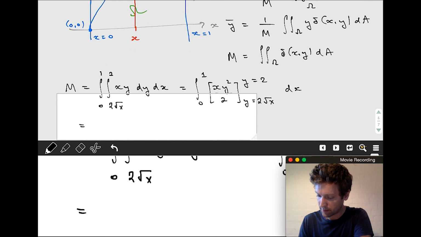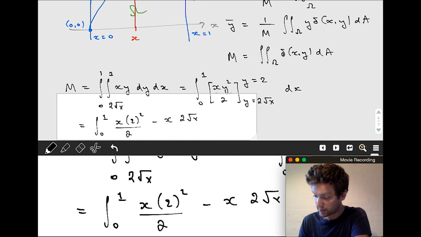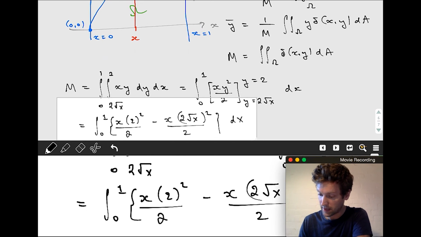So that's going to give me the integral from 0 to 1, subbing in those values of y, I've got x times 2 squared divided by 2 minus x times 2 root x squared divided by 2, dx.